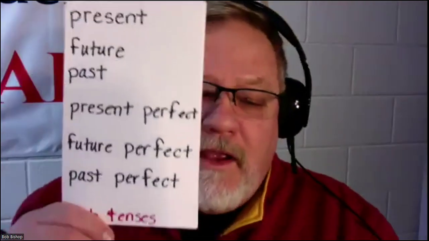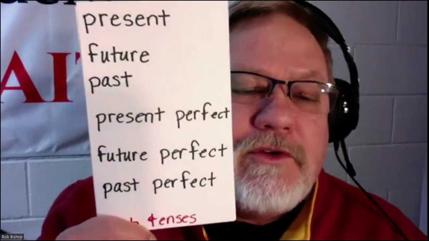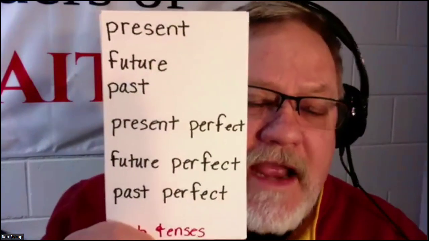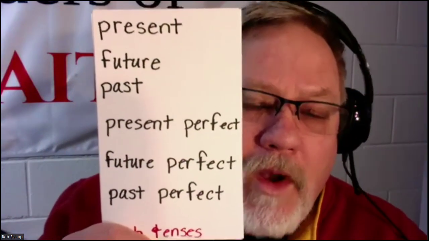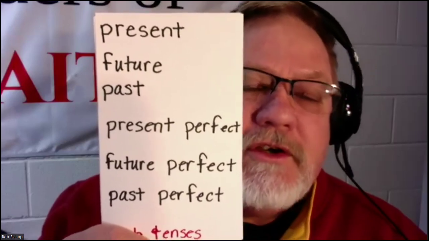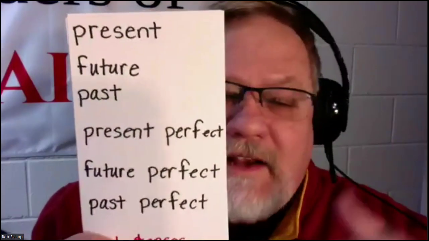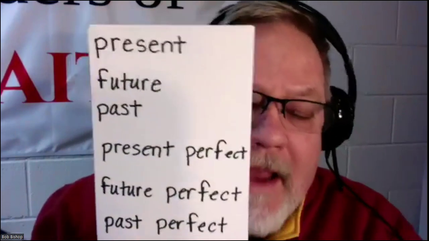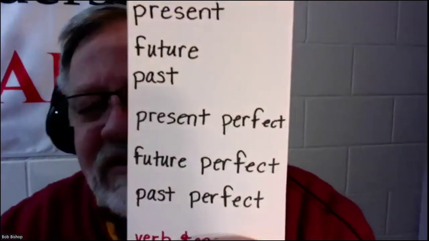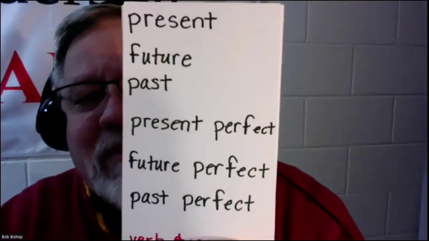All these rules of English can be difficult to understand sometimes, but once you start to use the language, you don't necessarily have to be able to pick out the tenses, but knowing how to use them is important. Okay. All right, here we go.